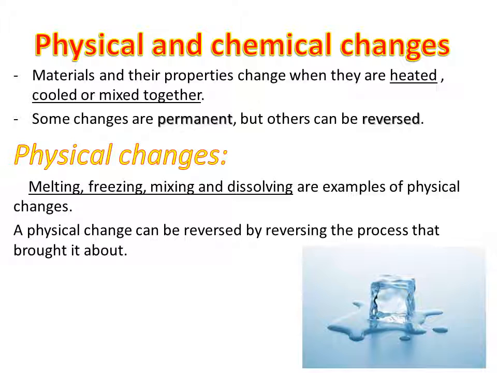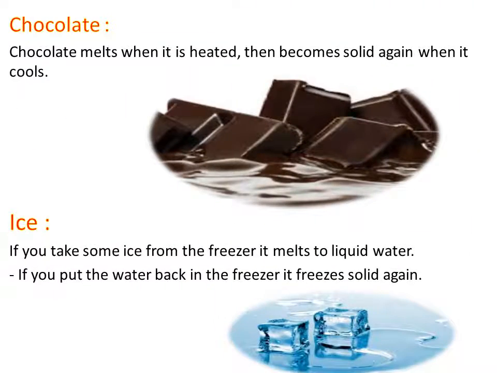Let's have examples. The first example is chocolate. Chocolate melts when it is heated, then becomes solid again when it cools. So this here is a physical change, right? Why? Because I can reverse it.